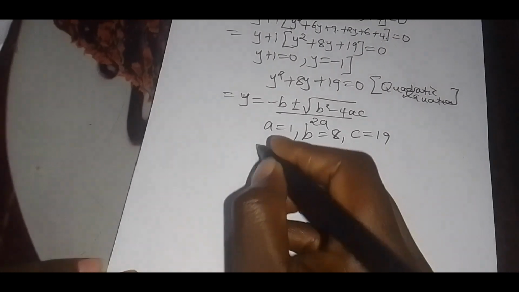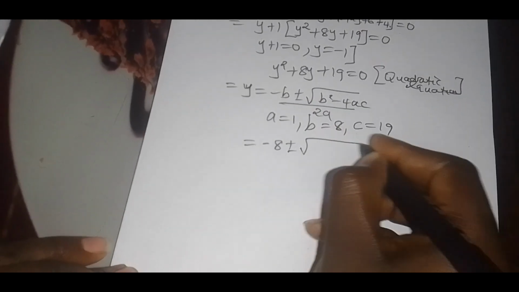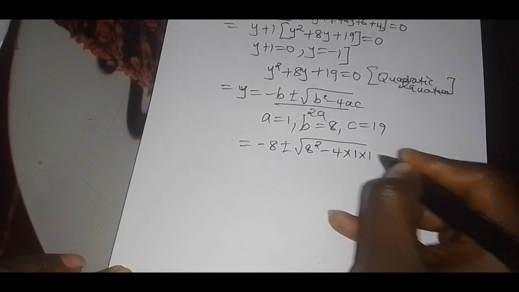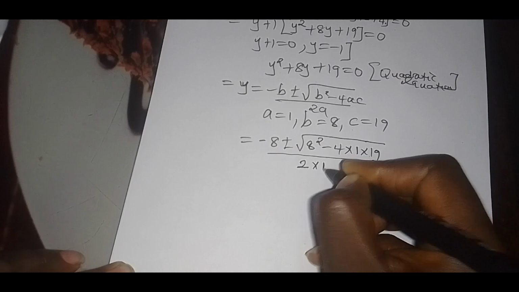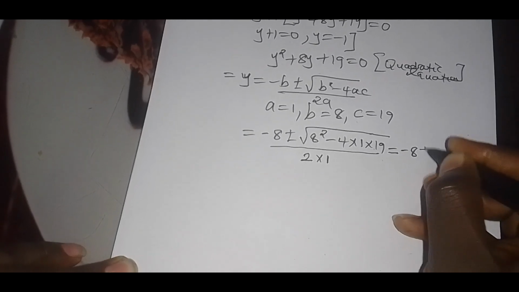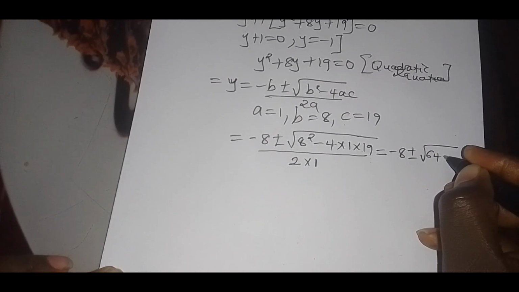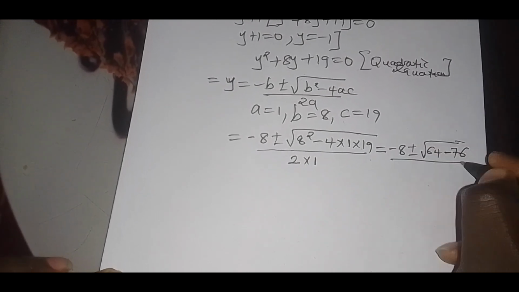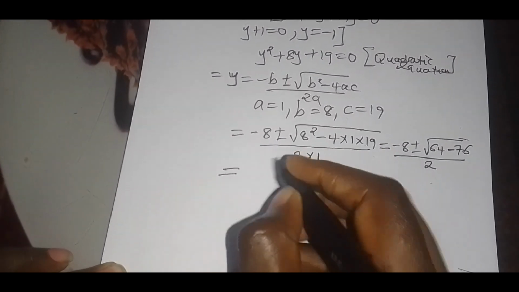So we plug in: minus 8 plus or minus the square root of 8 squared minus 4 times 1 times 19, divided by 2 times 1, which is minus 8 plus or minus the square root of 64 minus 76, since 19 times 4 is 76, divided by 2.